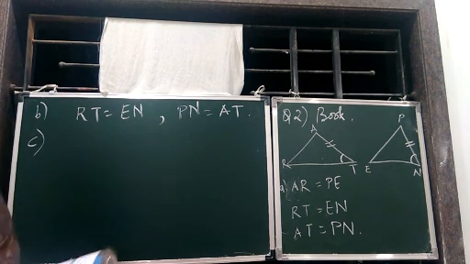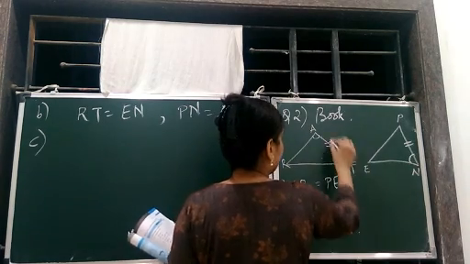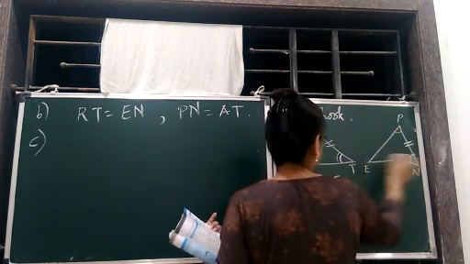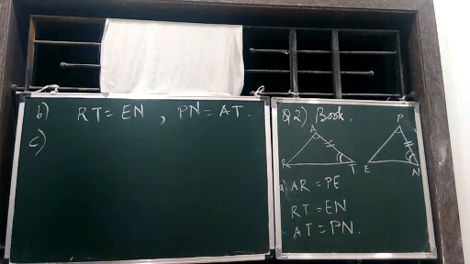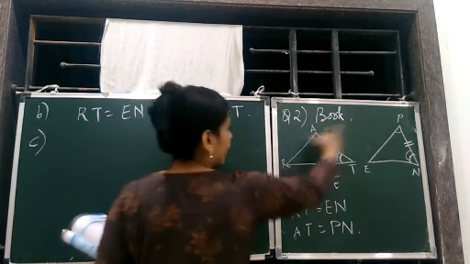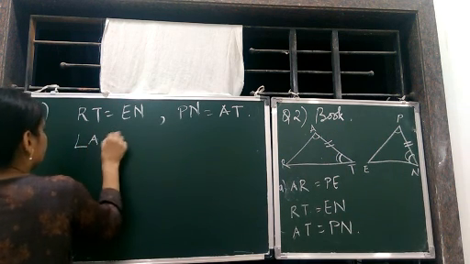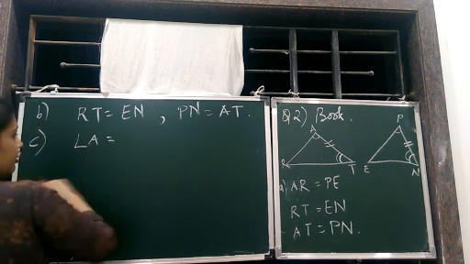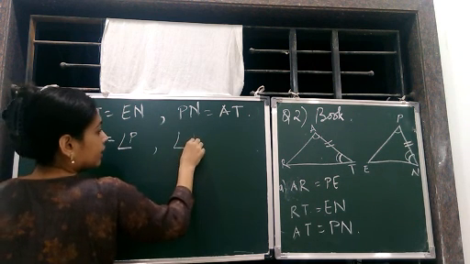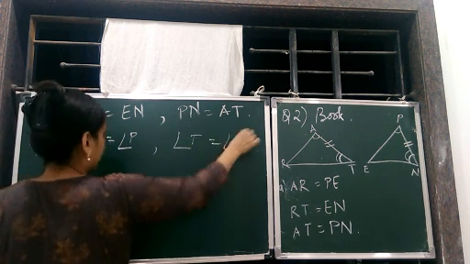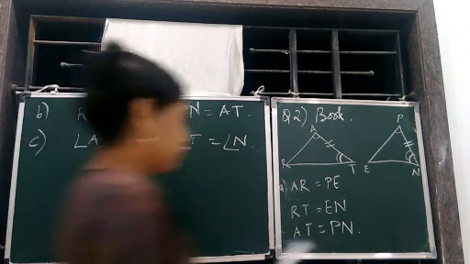Then using angle side angle. So angle side angle means this angle is equal to this angle. Then you need to have angle A is equal to angle P and angle T is equal to angle N. Where the question mark is written, you will write angle A is equal to angle P and angle T is equal to angle N. This completes question number 2.